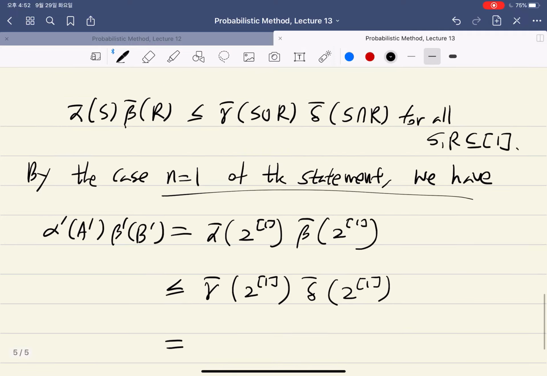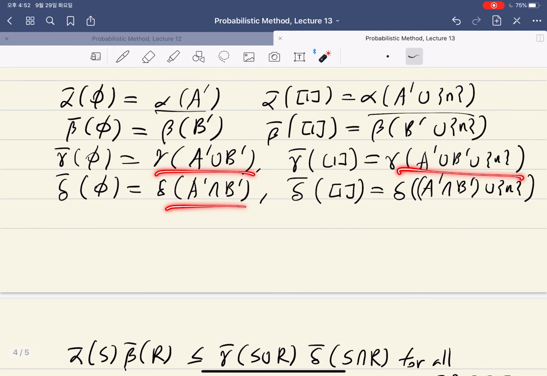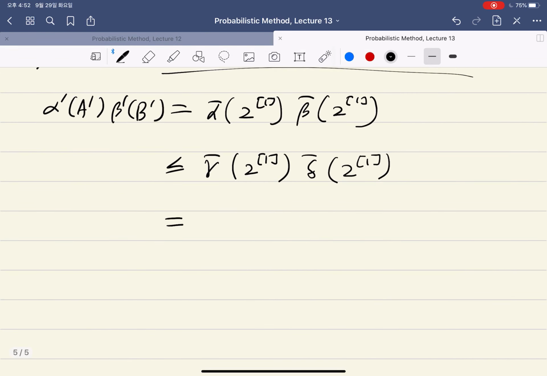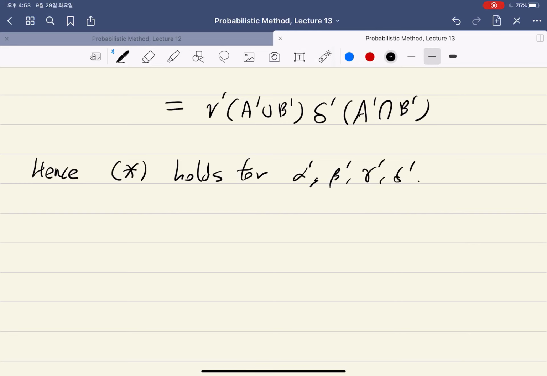And again, by the definition of gamma prime and delta prime, this is nothing but gamma prime of A prime union B prime and delta prime of A prime intersection B prime. Hence, this shows that the star condition holds for alpha prime, beta prime, gamma prime, delta prime on bracket n-1.